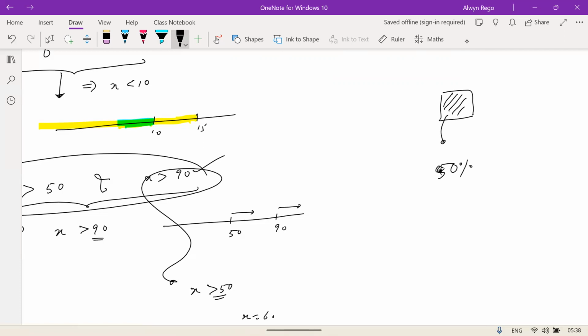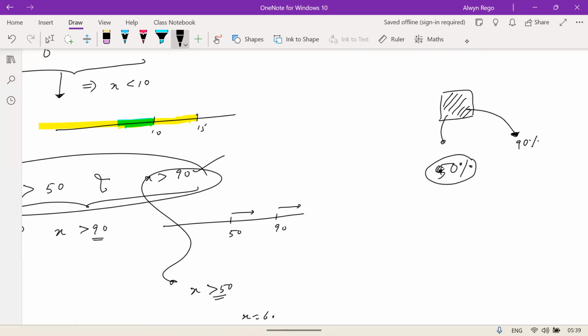They put another condition that in order to apply for this particular course, you must also have more than 90%. First of all, they don't want failures to get in.